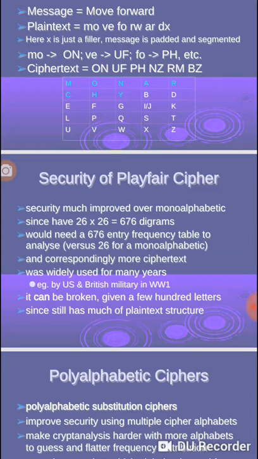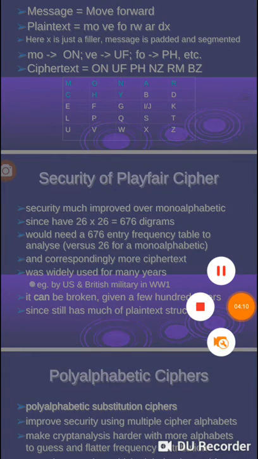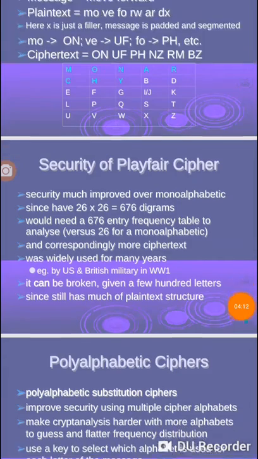It was widely used for many years, for example by the US and British military in World War I. It can be broken given a few hundred letters, since it still has much of the plaintext structure. So this is about the security of the Playfair cipher.